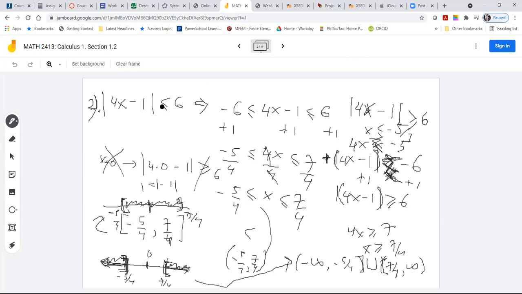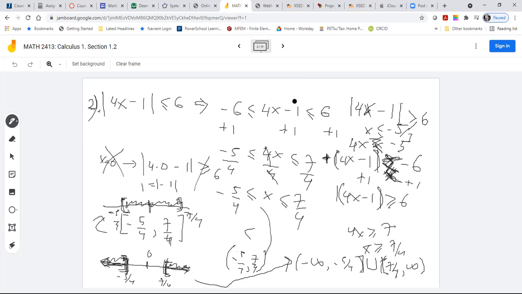So if you have it like this, you can change to this. That means this is the same as being between -6 and 6. And then you need to get rid of the negative one from here.